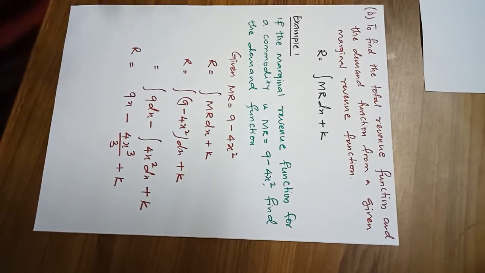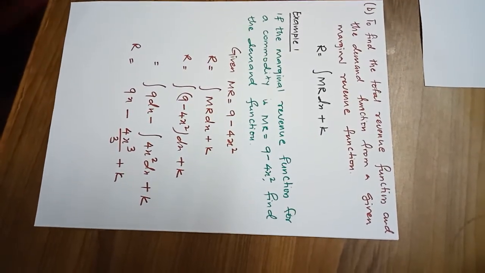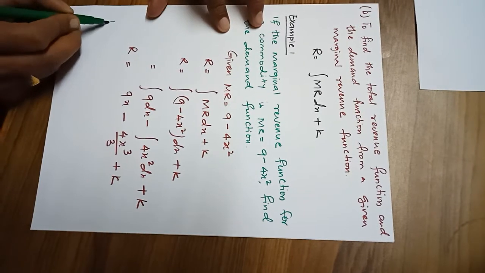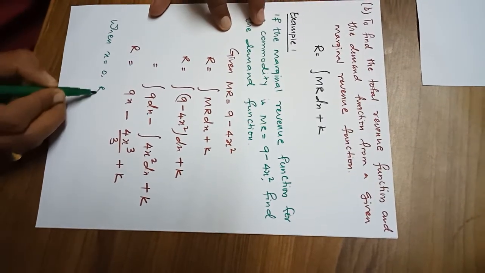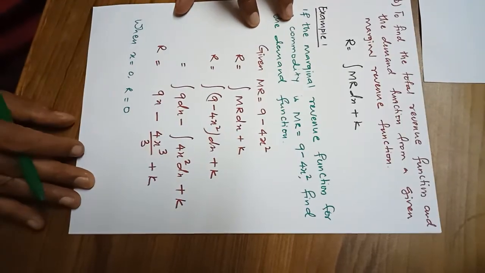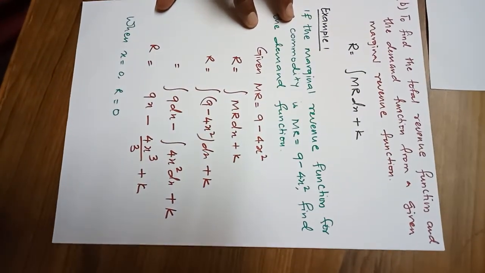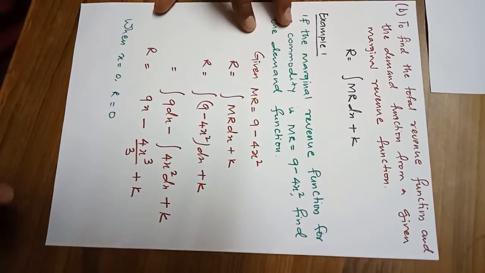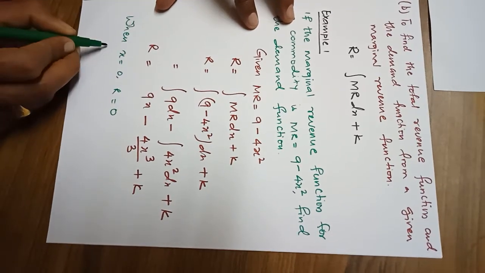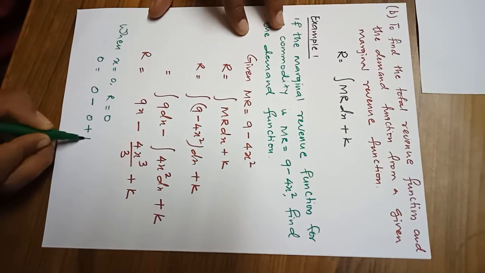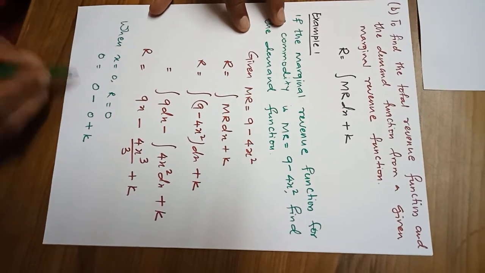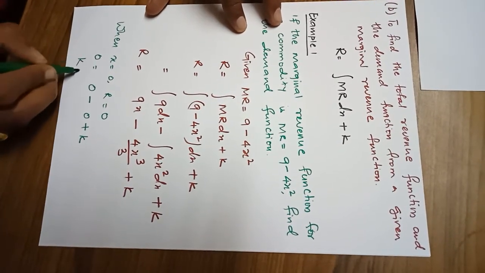When x is equal to 0, your revenue is also equal to 0. When you are not producing or selling, the revenue is of course 0. So 0 is equal to 0 minus 0 plus k, so k is also 0.